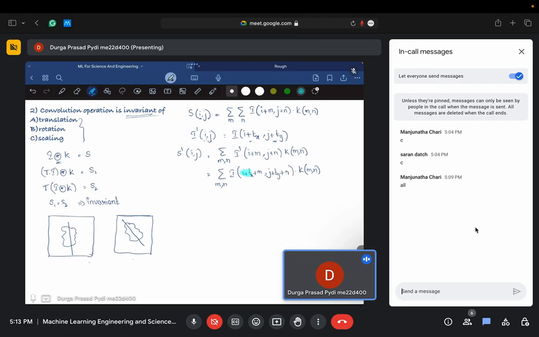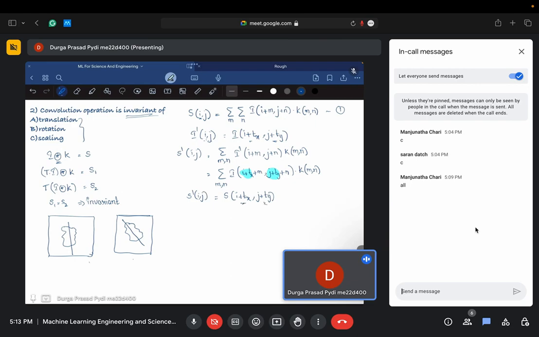This m is essentially one variable and this n is another variable. If you use the original formula, equation 1, and substitute it here, this is essentially equal to S of i plus tx and j plus ty. So from equation 1 I can write this, right? Your S prime of ij is obtained just by taking the original convolution and then translating it.